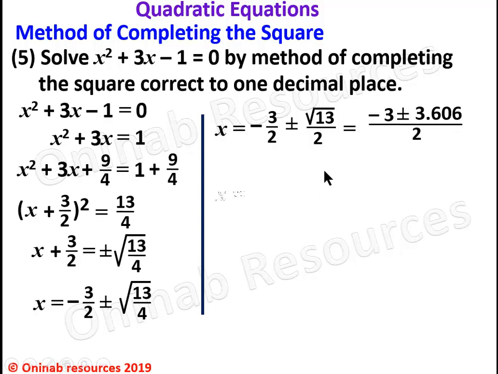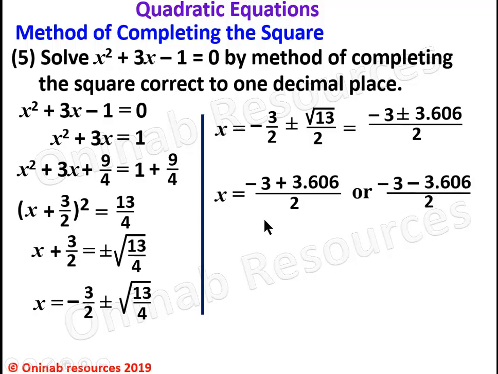So we have x equal to negative 3 plus 3.606 over 2. And here we pick the minus, or negative 3 minus 3.606 over 2.